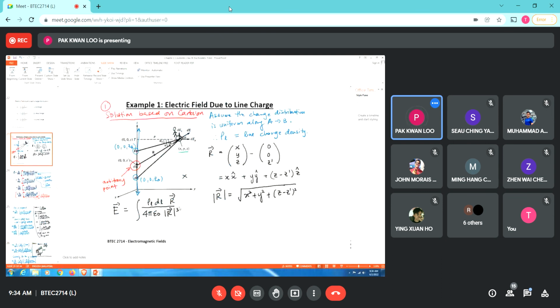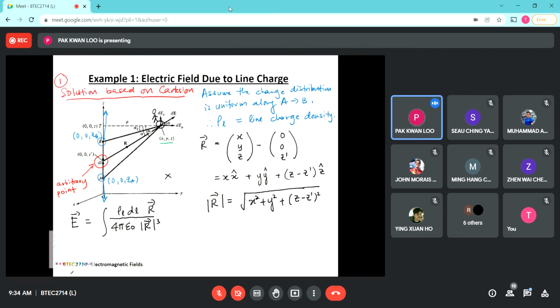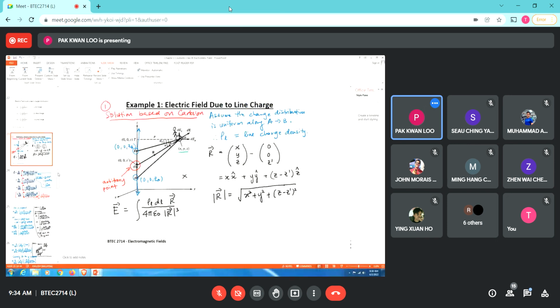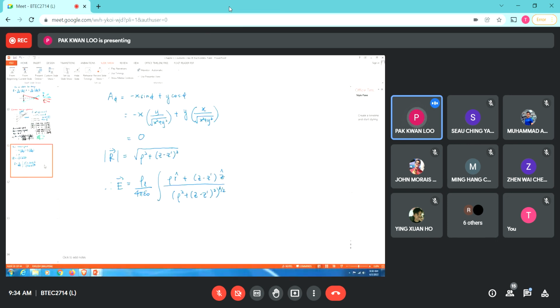This is the magnitude here. Magnitude cubed, right? The magnitude is a square root, therefore it is cubed to the 3/2. So we have the r component now here. Coming back to our solution, I mean our approach here.